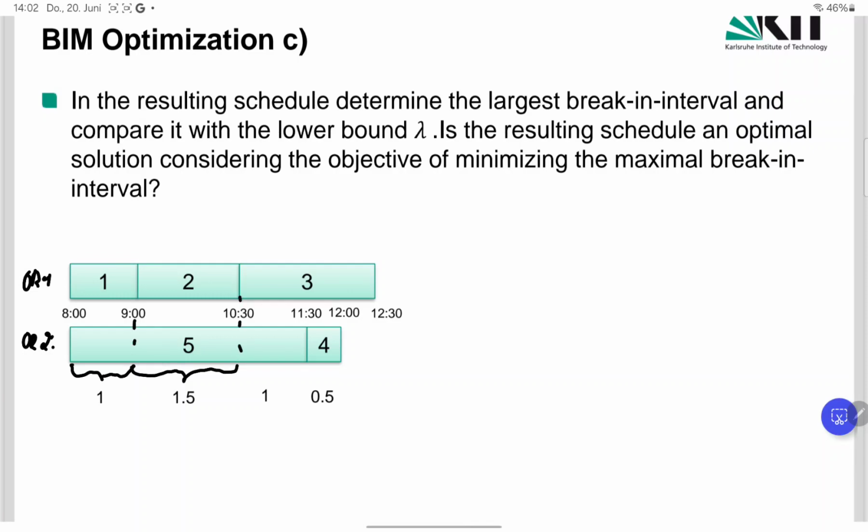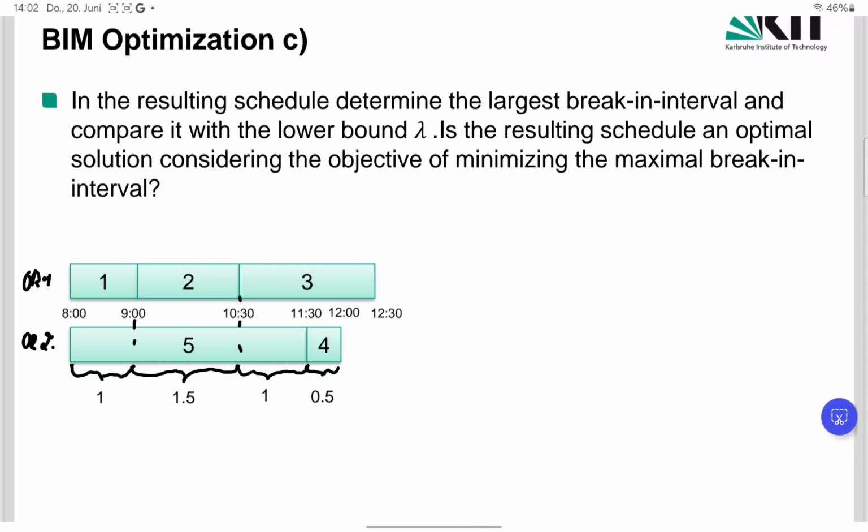So that would be the second break-in moment. Then in between, the fifth patient, who requires 3.5 hours, ends at 11:30. So that would be the next break-in moment after 1 hour. And the fourth patient just needs a half-hour operation, so they will finish at 12 p.m. So that would be the next one.